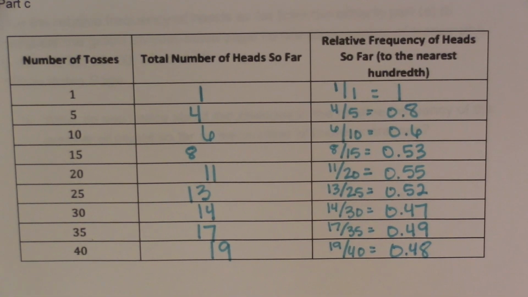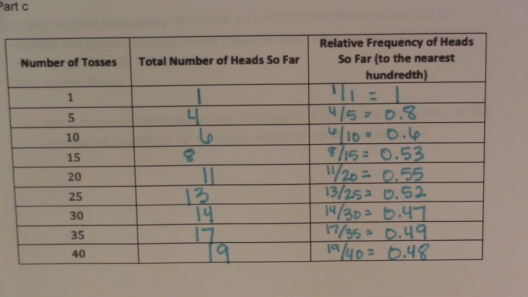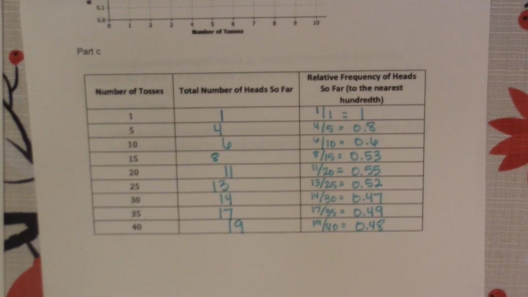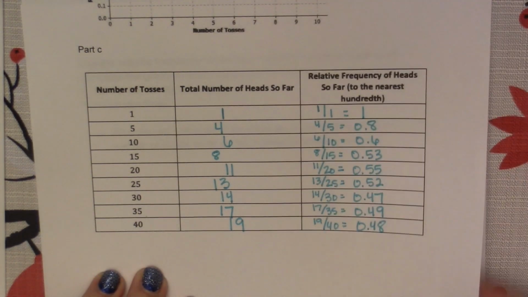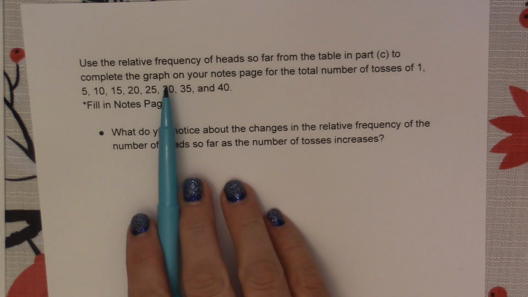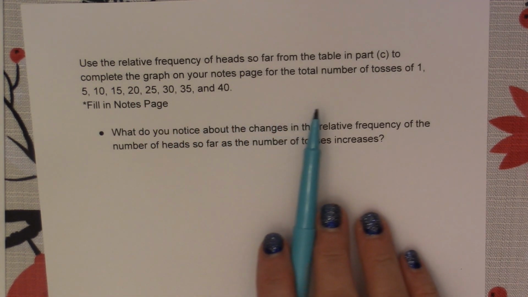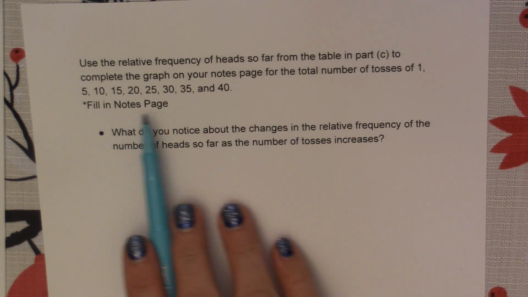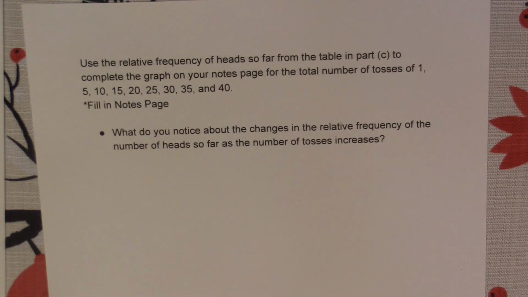Okay, gonna zoom back out here a little bit. All right, so the next part says to use the relative frequency of heads so far from our table that we just made to complete the graph on your notes page.